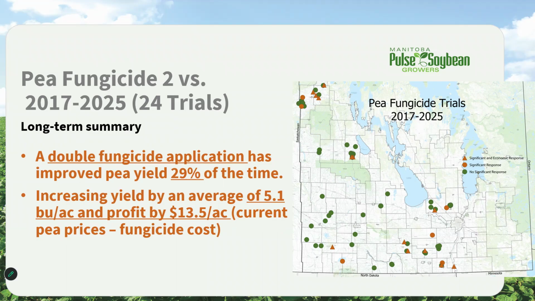Where significant, it increased yield by an average of 5.1 bushels per acre, increasing profit by about $13.50 per acre. That's also based on current pea price of $6.50 per bushel and $20 per acre fungicide.